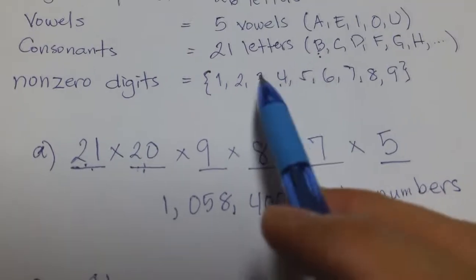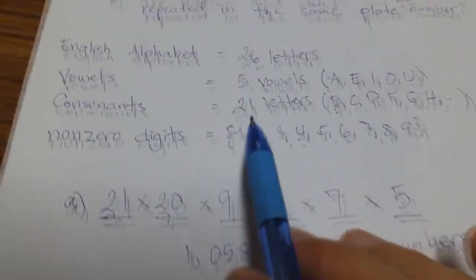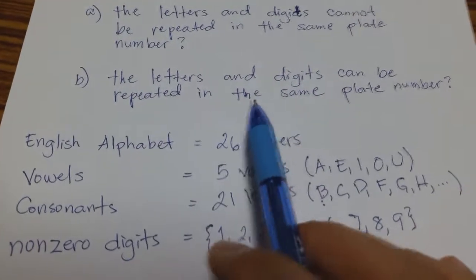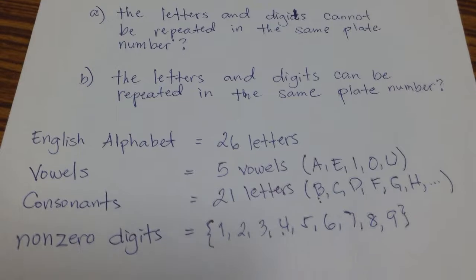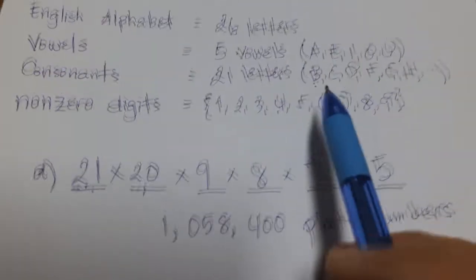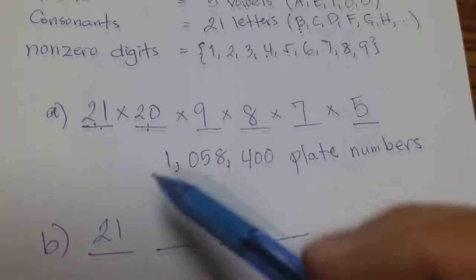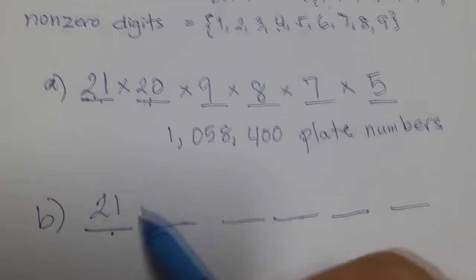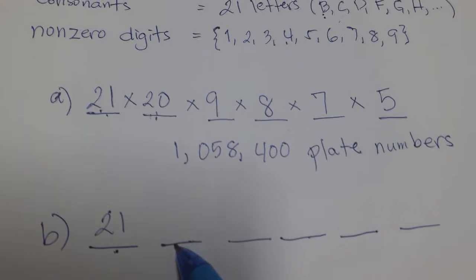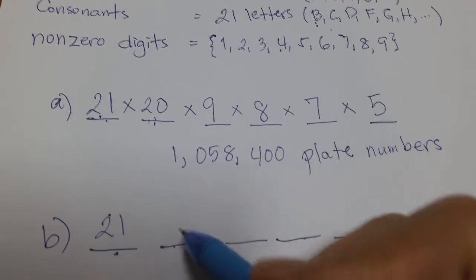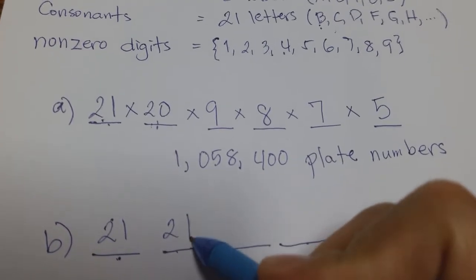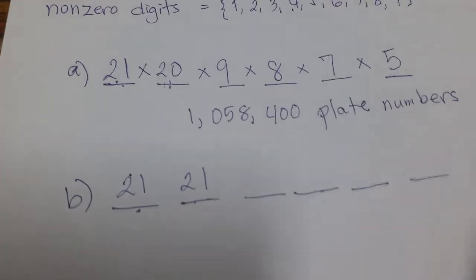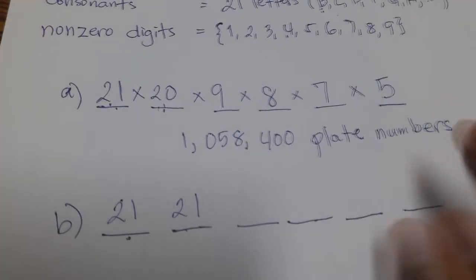Next one. Since the condition is the digits and letters can be repeated in the same plate number, if I use letter C for the first line, it means I can use it again, just like for example CC. So for the second line, I still have 21 options, right? Because I can use it again and again.